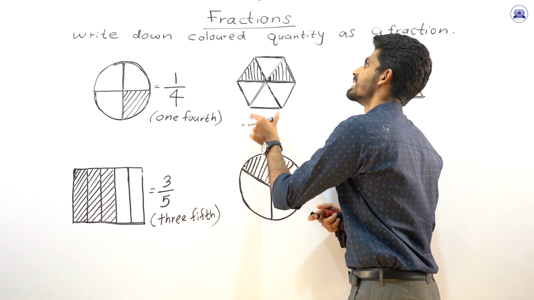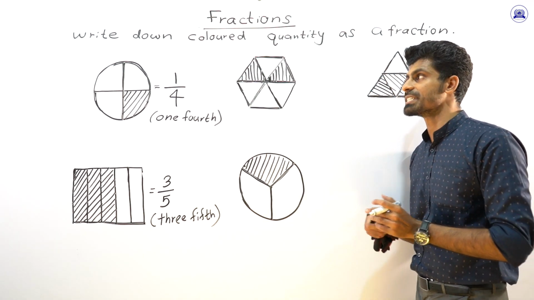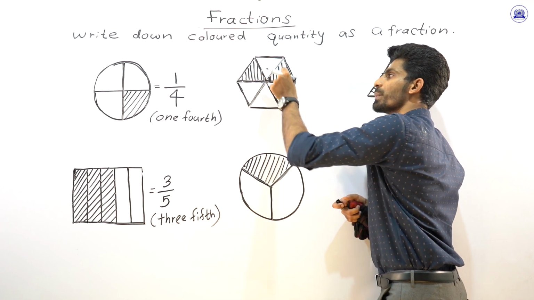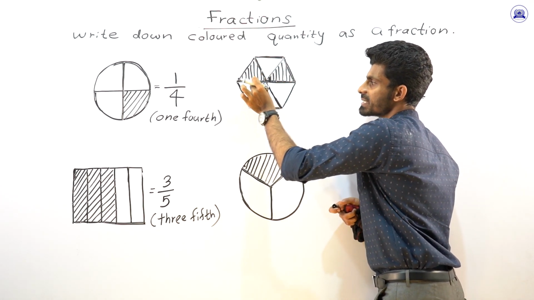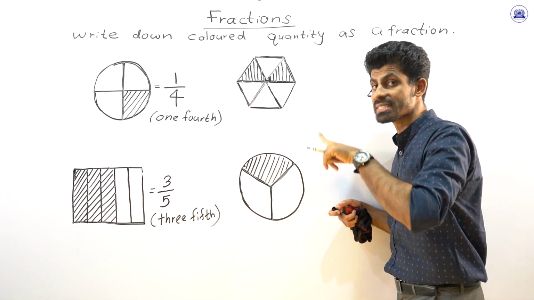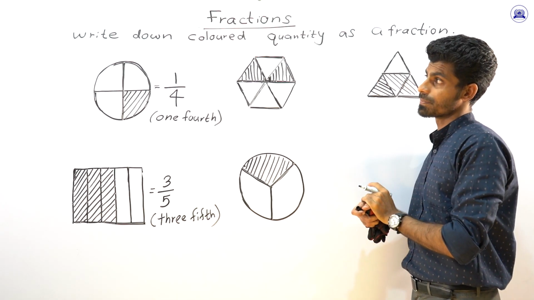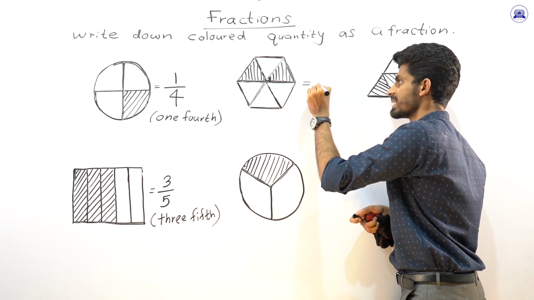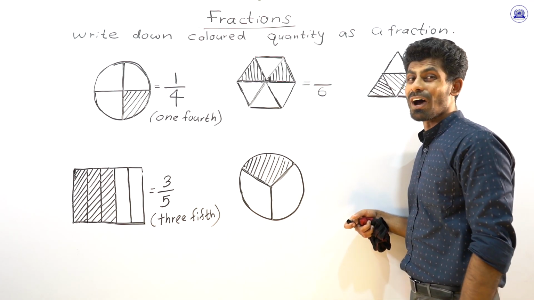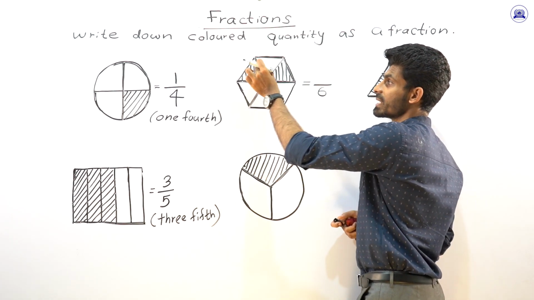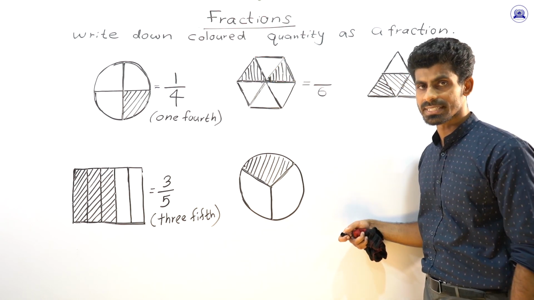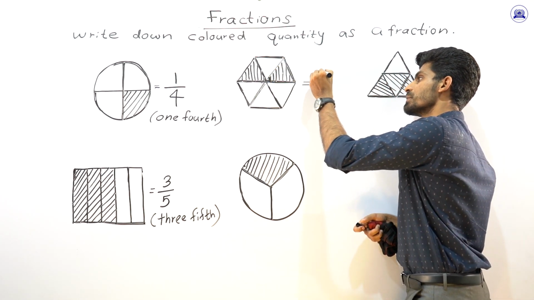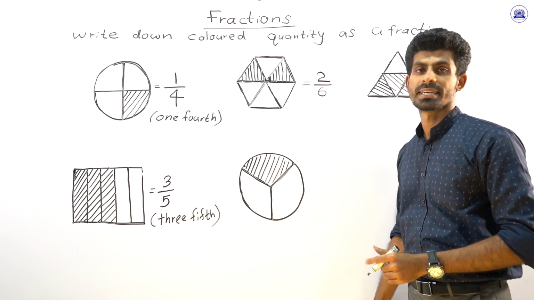Let's consider the third figure. 1, 2, 3, 4, 5, 6. There are 6 portions. Out of 6 portions, 2 portions are colored.